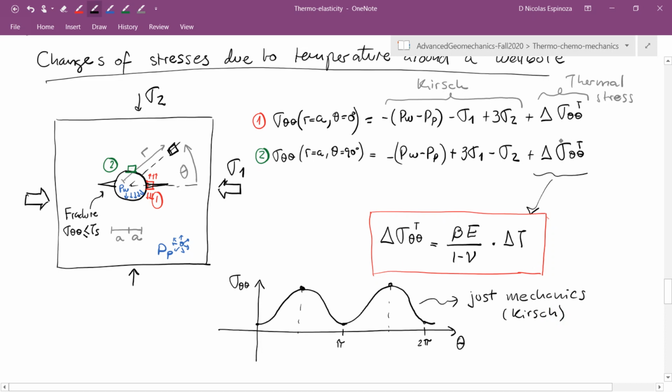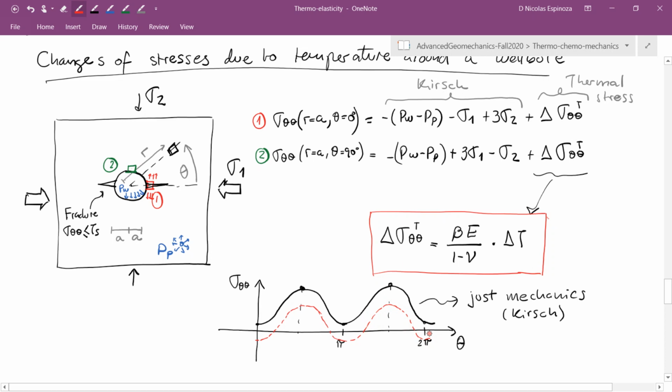If you add the thermal component, and if we assume also a cooling temperature with delta T decreasing, what I could cause is a change of the hoop stress, which is going to happen everywhere around the wellbore.